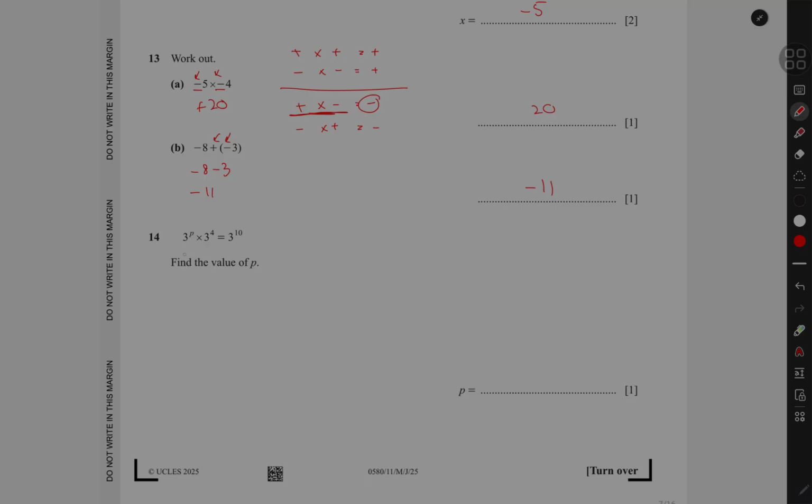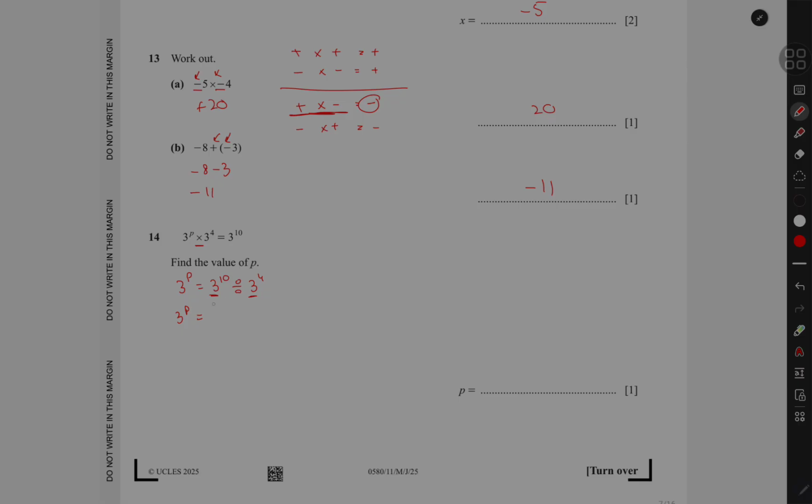Okay. Next question is 3 raised to power p multiplied by 3 raised to power 4 is equal to 3 raised to power 10. That's pretty simple. 3 raised to power p is equal to 3 raised to power 10. We had the multiply here. We can put a division sign here. So 3 raised to power 4. 3 raised to power p is equal to... now, if the bases are the same, 3, 3, that's pretty good.